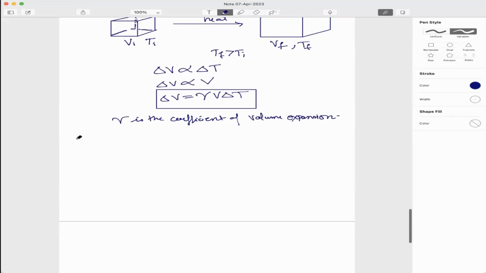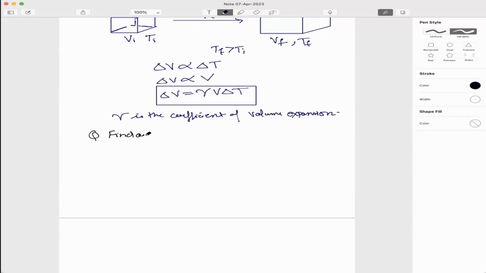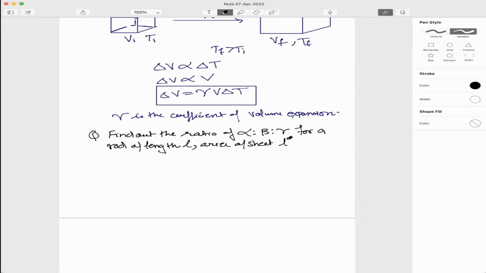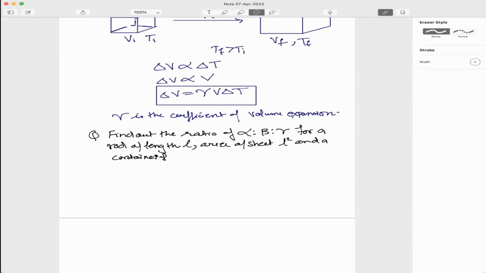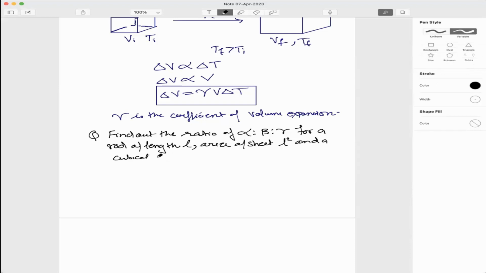Now the question is: find out the ratio of alpha, beta, gamma for a rod of length L, a sheet of area L square, and a cubical container of volume L cube.